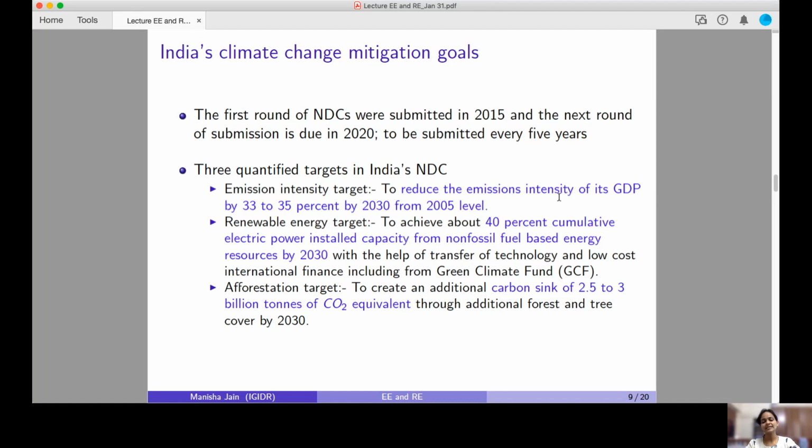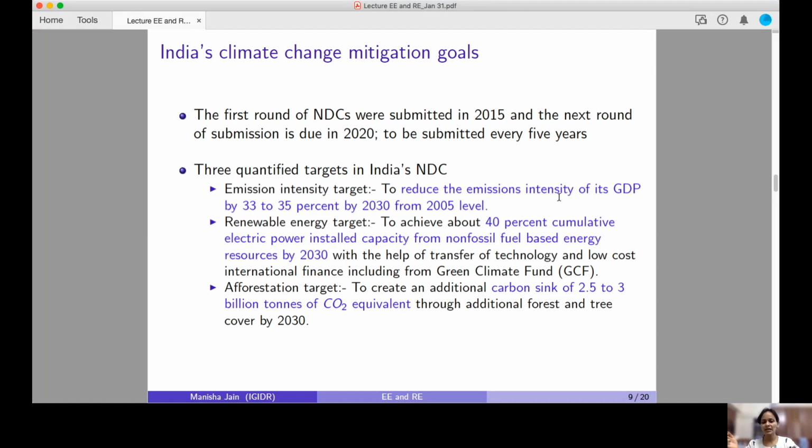But we will find that carbon dioxide is almost 70% of the total greenhouse gases in terms of CO2 equivalent. Methane is emitted in a different quantity and carbon dioxide is emitted in a different quantity, but they need to be brought to the same unit. When we say carbon dioxide emitted, we will say gigatons of carbon dioxide. When we say methane emitted, we will say gigatons of methane.